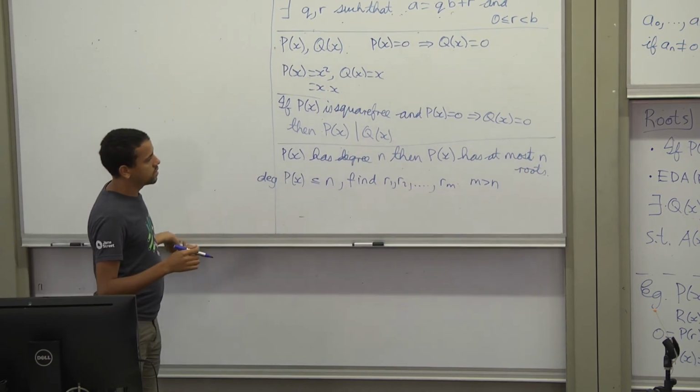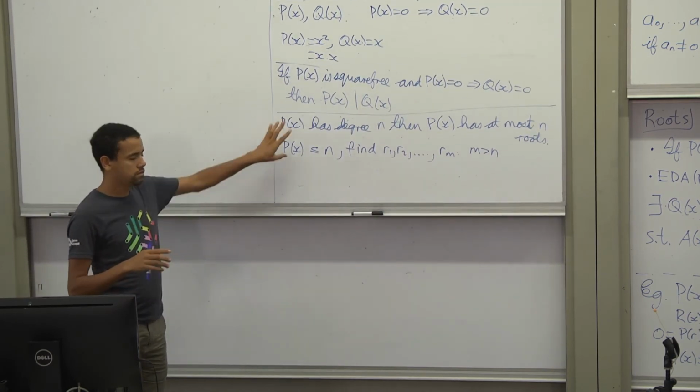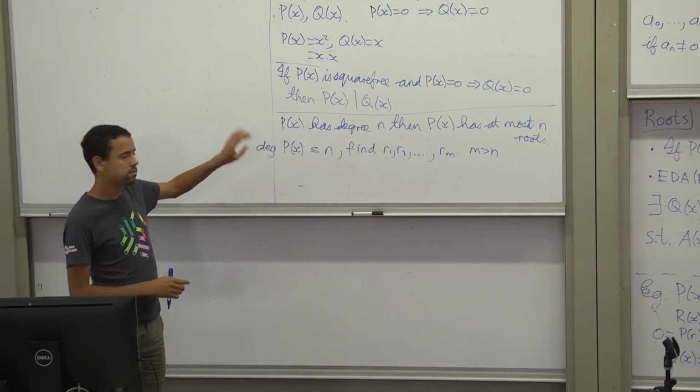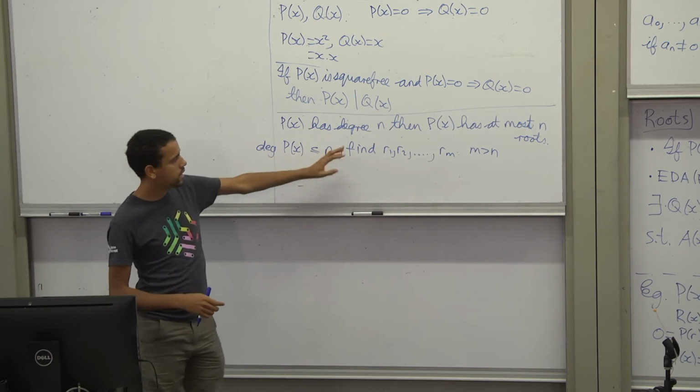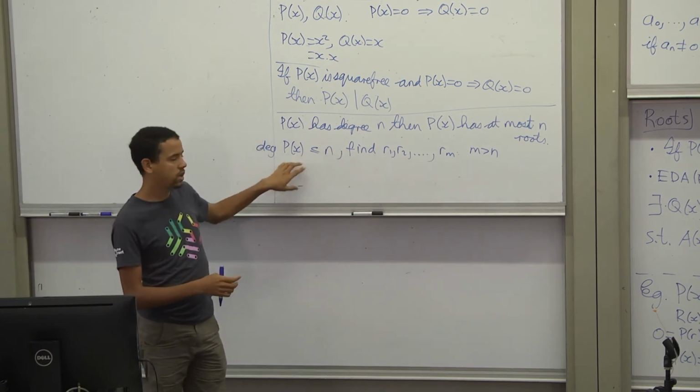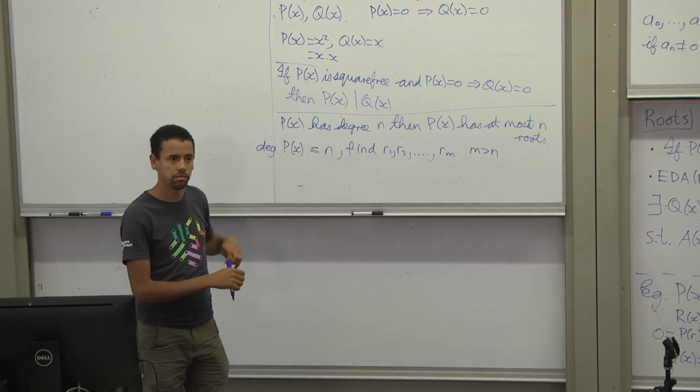But this is a classical polynomial strategy. You have a bounded degree and you manage to find more than a certain number of roots, therefore your polynomial has to be constantly 0.